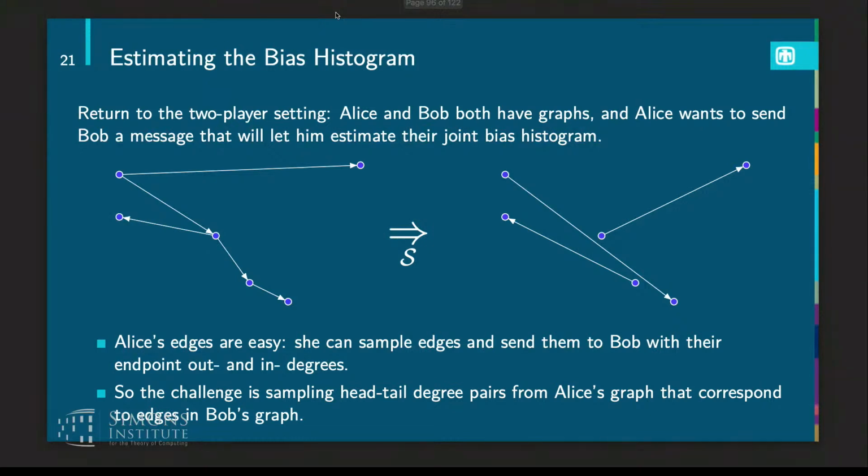So the challenge then is figuring out how to sample these head-tail degree pairs, in-degree and out-degree pairs, so bias and degree pairs from Alice's graph corresponding to individual edges in Bob's graph, so that we can figure out how Bob's edges correspond to this histogram.